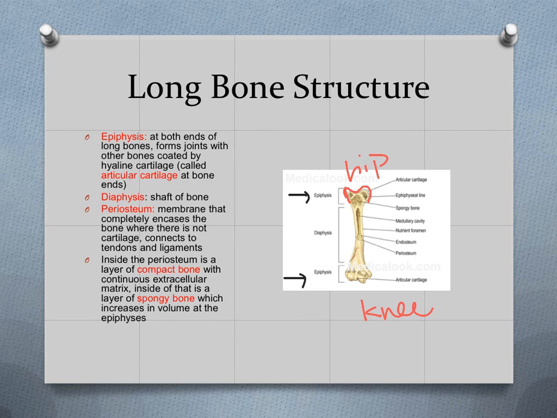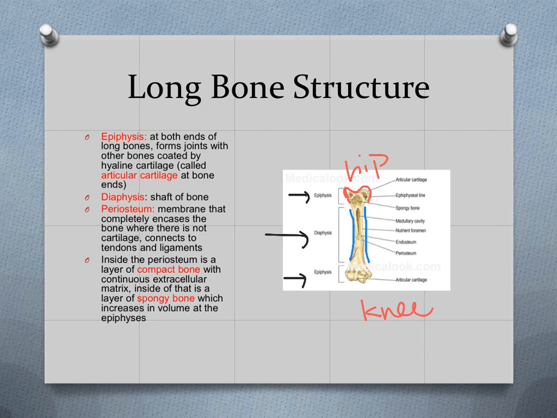The center portion of the long bone is called the diaphysis, so that tends to be the skinnier portion. And then if you imagine that this bone has been cut in half and we're looking now at the inside of it, the top part shows the inside. The entire bone is wrapped, everywhere that there's not cartilage, in a structure called the periosteum. So it's like a very, very tight wrapper along there that connects to soft tissue like ligaments, tendons, the cartilage at the ends.